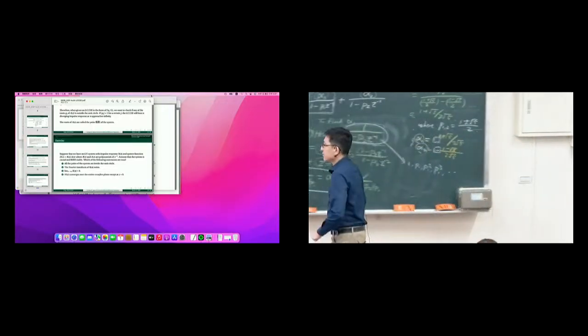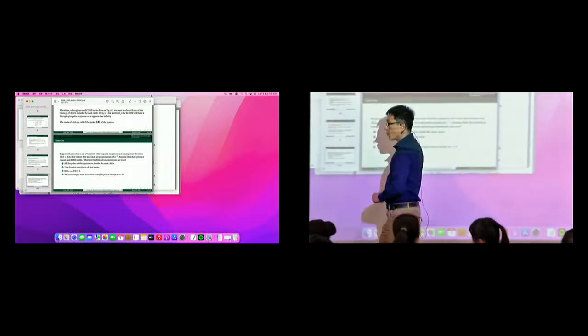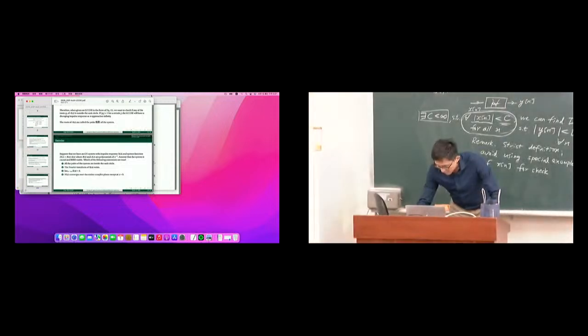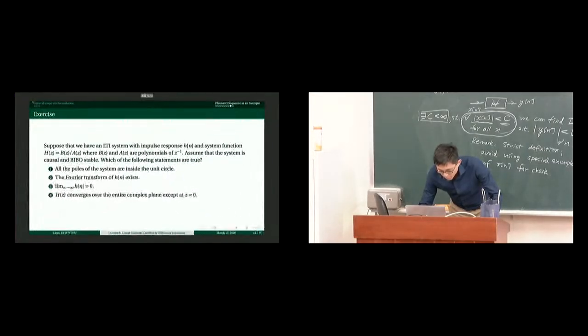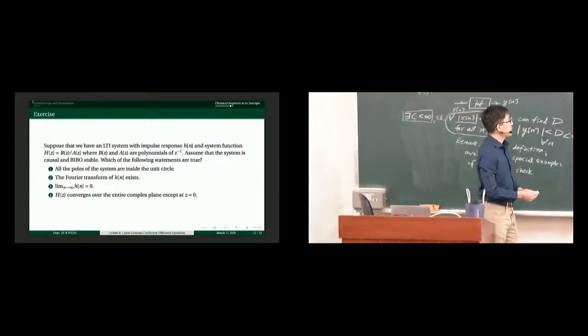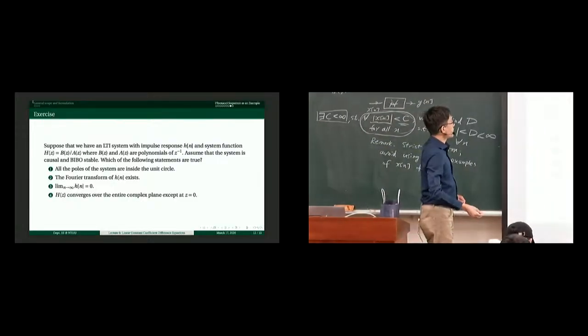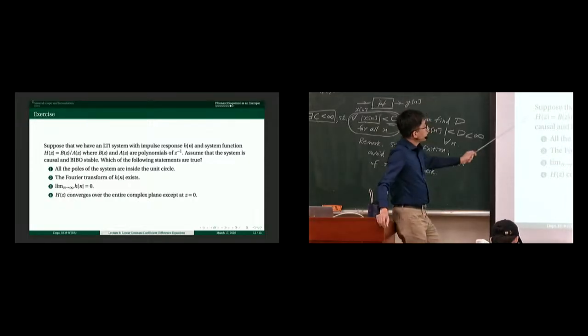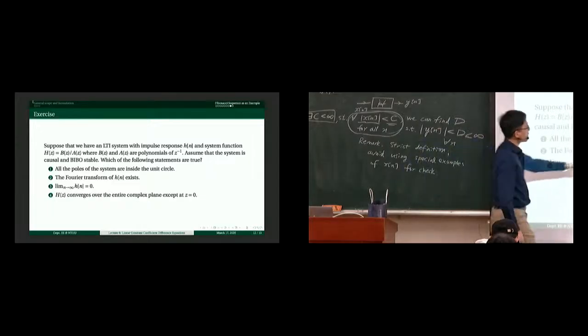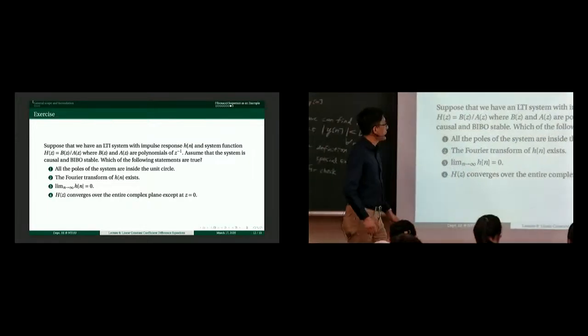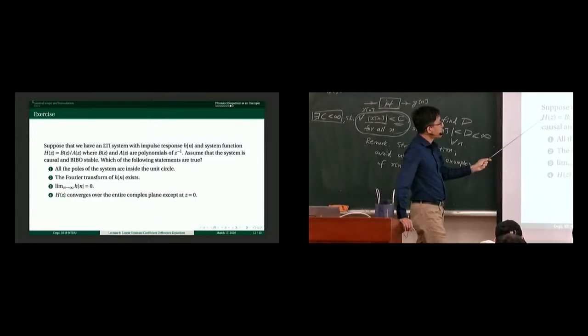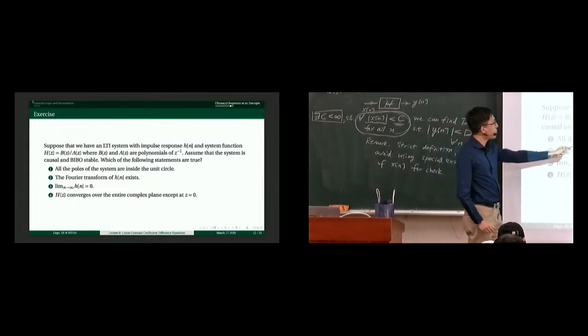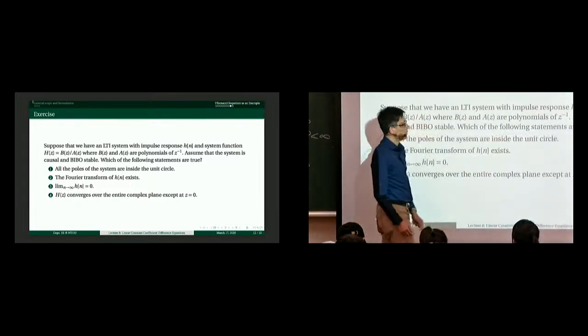Okay, so 2 more slides. The second to last slide of this lecture goes with a sort of exercise. True or false, let's take a look together. Suppose now we have an LTI system with impulse response denoted as h of n, and the system function is H of z equal to B divided by A, where both B and A are polynomials of z inverse.